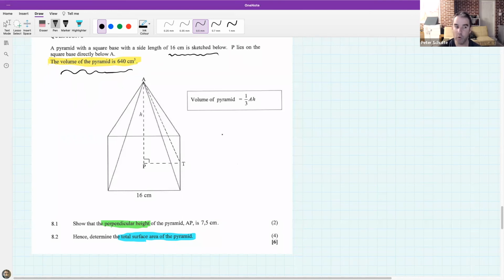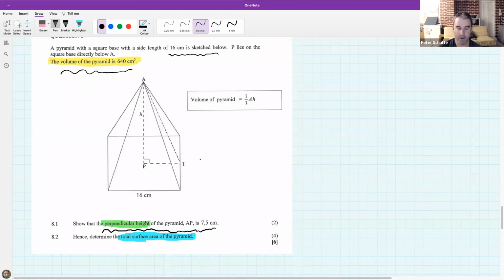Okay, so they've given you all this information, and what's different about this is that they're throwing a lot more information together at you. They say, show that the perpendicular height of the pyramid AP is 7.5 centimeters. So you have to show them that.